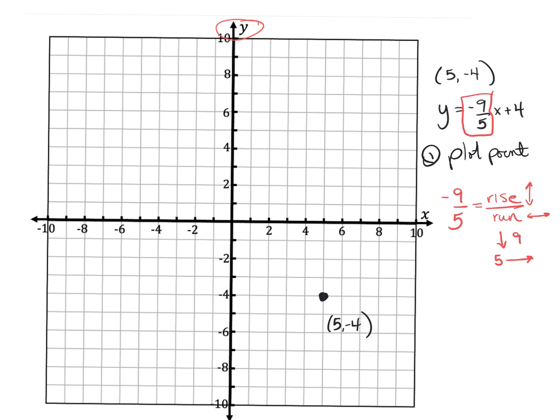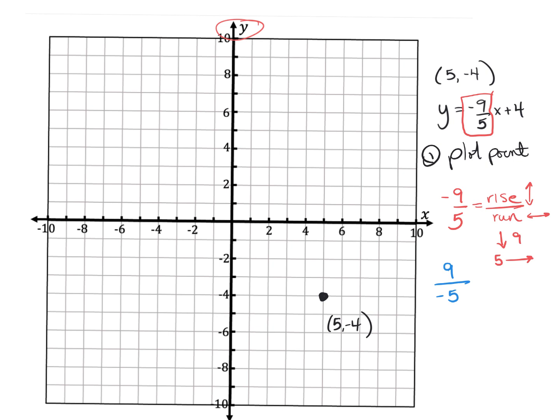But -9/5 is the same as 9/-5, because any negative divided by a positive is still a negative number. So I'm not changing the value in any way. I'm just changing which number has the negative sign.